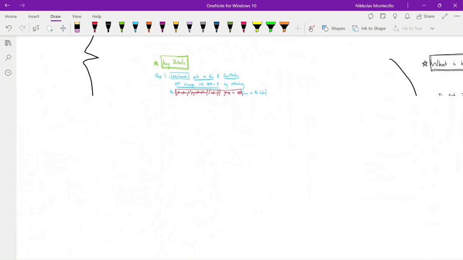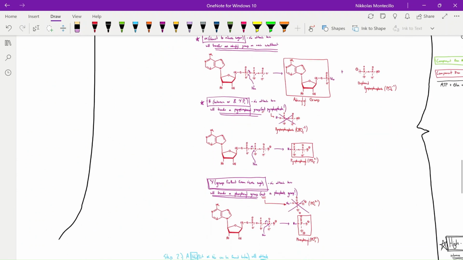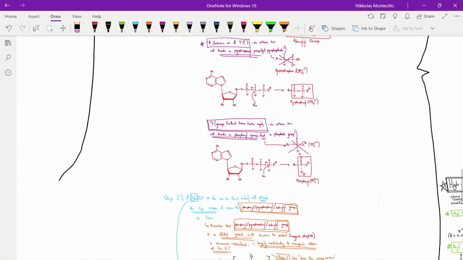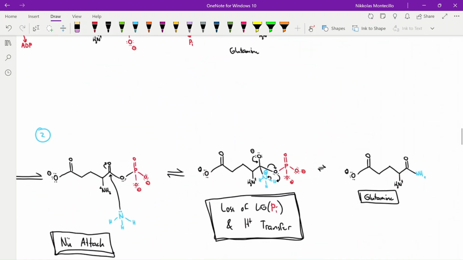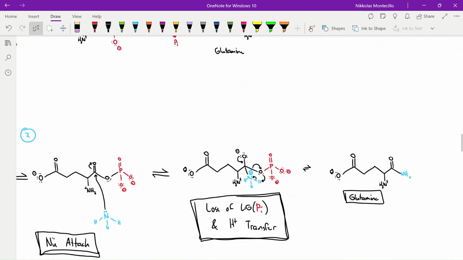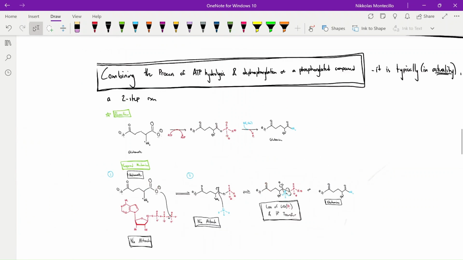Or the intermediate compound. Hence, once we see the loss of the leaving group plus a proton transfer, we get glutamine.